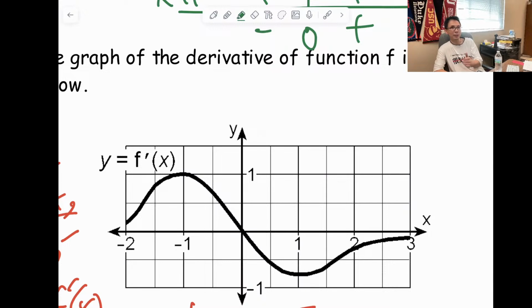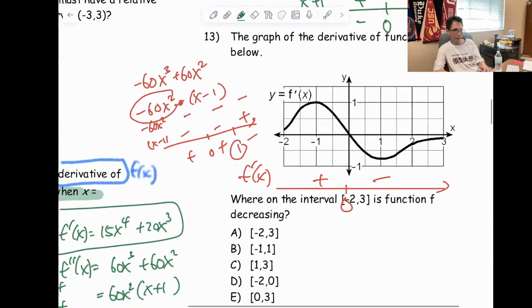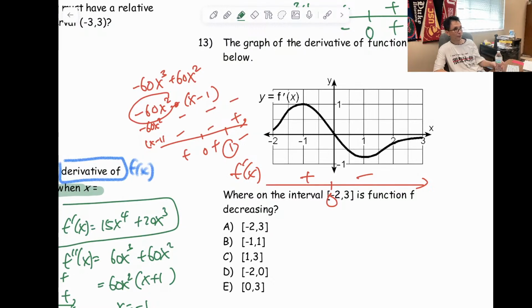It's okay because you could assume the graph has an arrow. It really depends on whether it ends with an arrow or not. If it stopped right there, it should be 0 to 3. If it has an arrow, it should be 0 to infinity, because that's below the x-axis. What's the question asking? Which function is decreasing. Of f is decreasing.